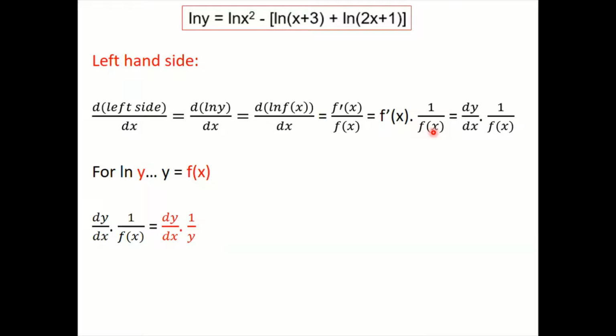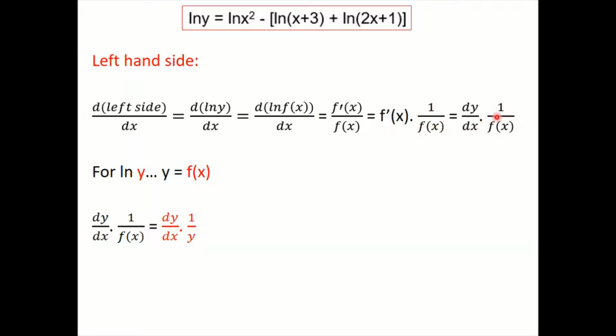In our final step, we just use slightly different notation. Instead of this notation to indicate the derivative, we're going to use dy/dx, and we're still multiplying by 1 over the function of x.